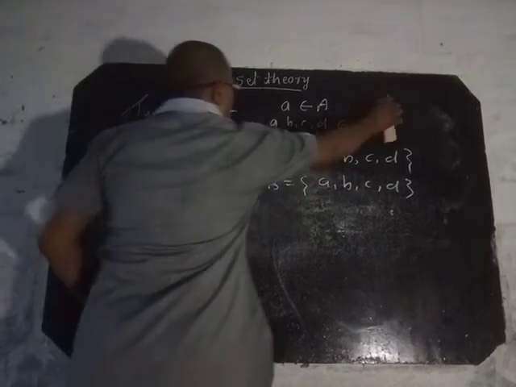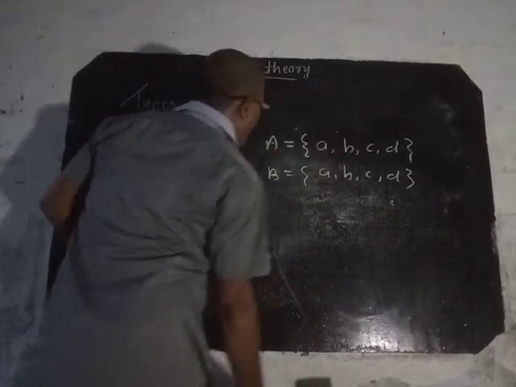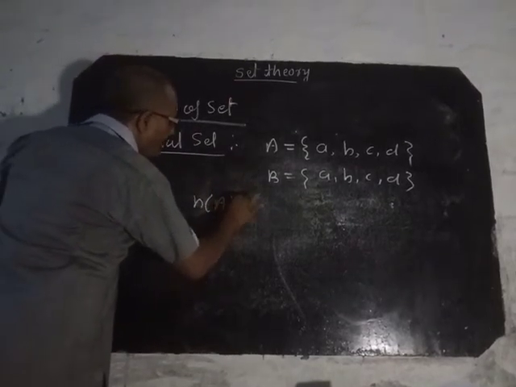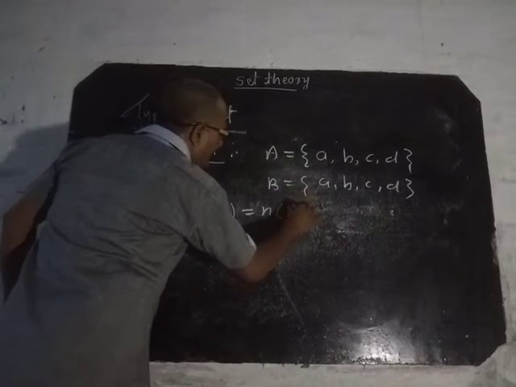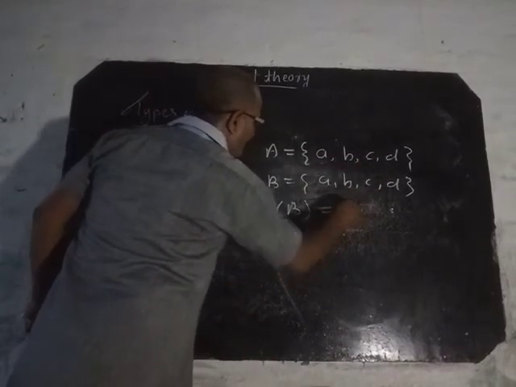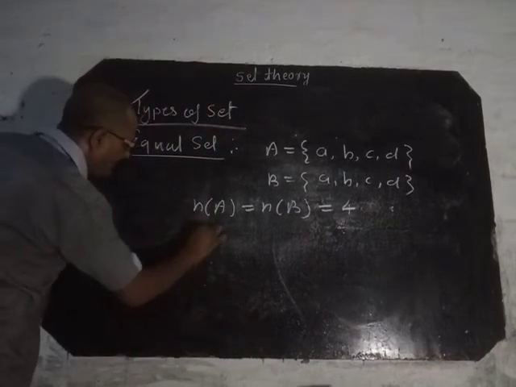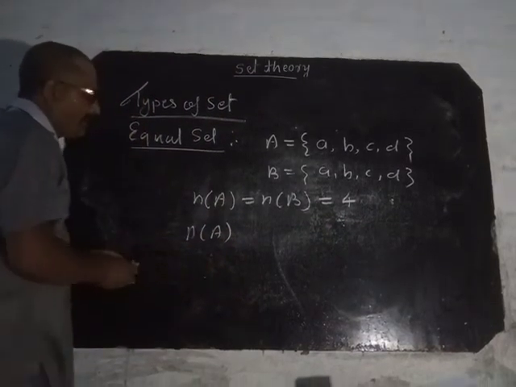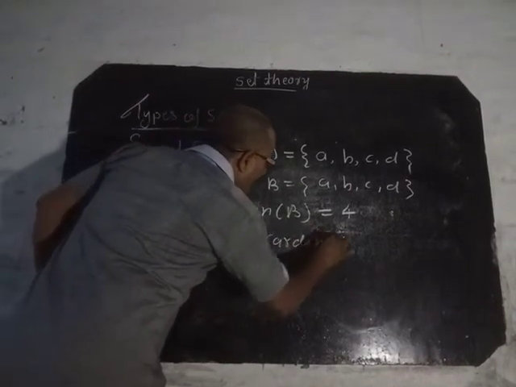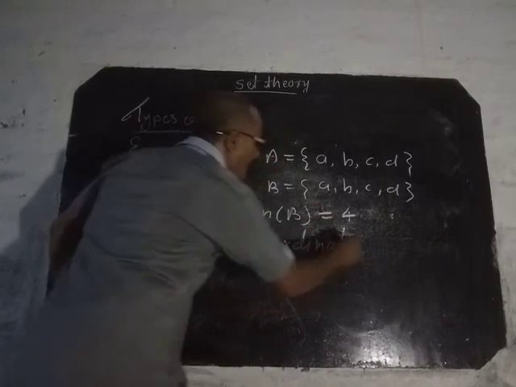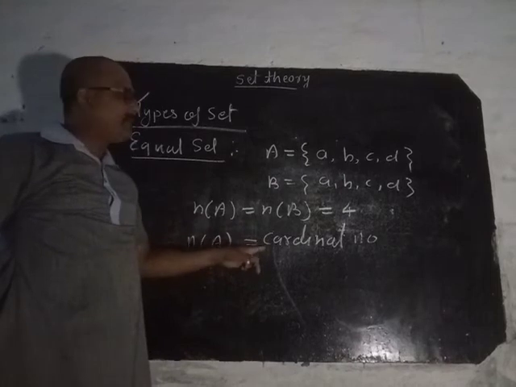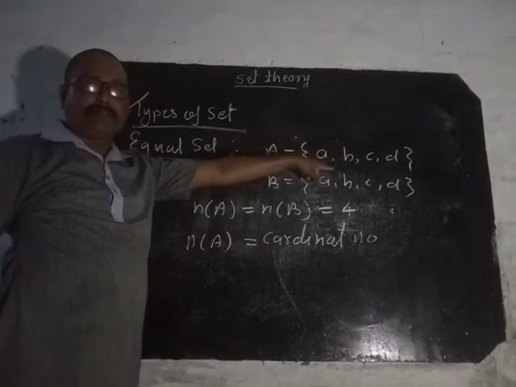Suppose set A equals set B, it means n(A) equals n(B) equals 4, with elements 1, 2, 3, 4. What do we mean by n(A)? n(A) means cardinal number. Cardinal number means the number of elements in the particular set.